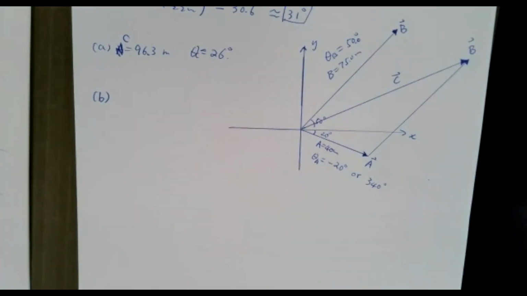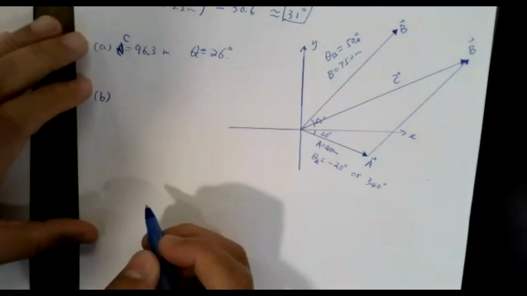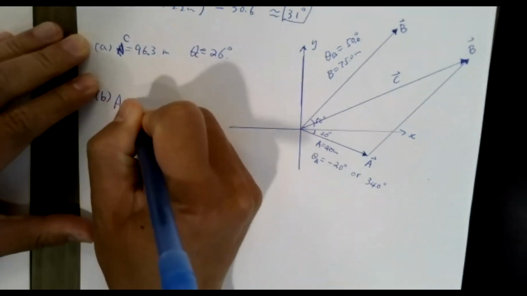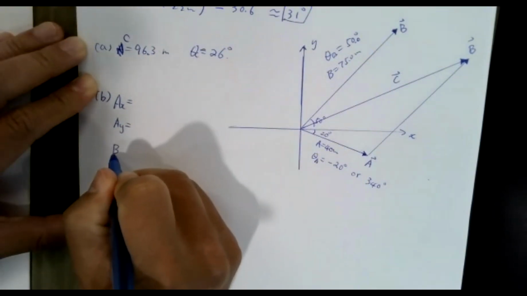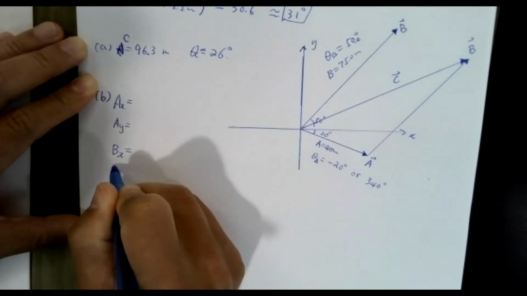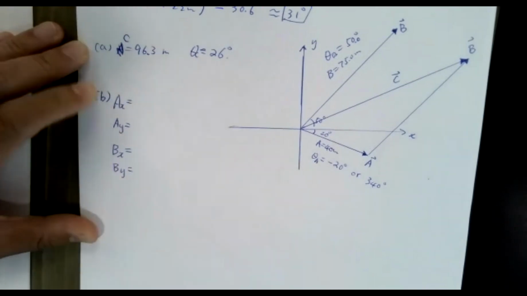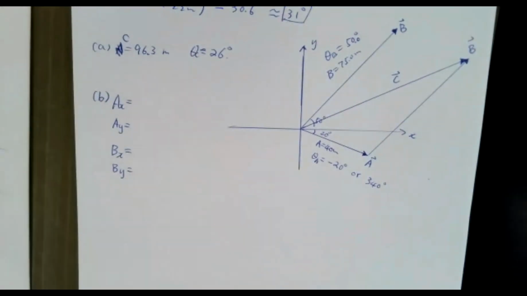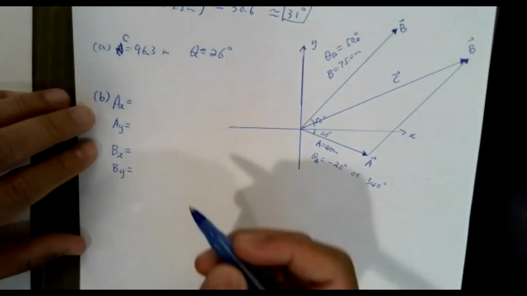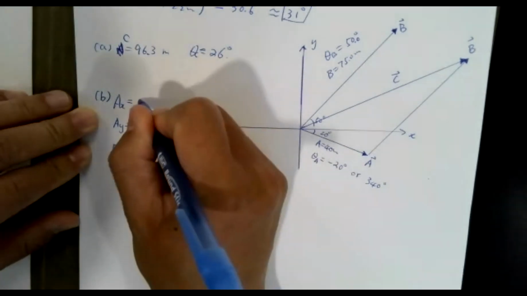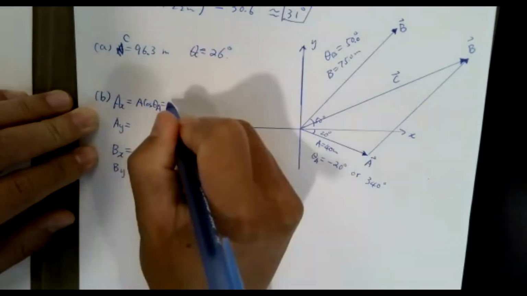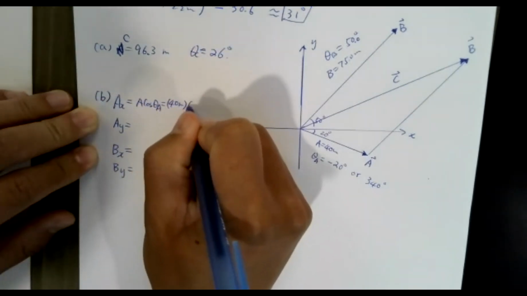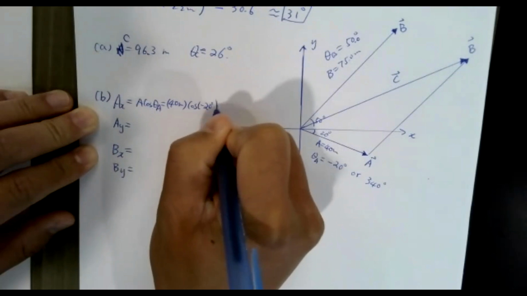Okay, so we will take a look here together at the solution. First thing I want to do is calculate my x component for A, and then my y component for A, and then the x component for B, and the y component for B. So these are the four we want to calculate first. All right. So then Ax will be A times cosine of the angle of A, so you'll do 40 meters times cosine of negative 20 degrees.